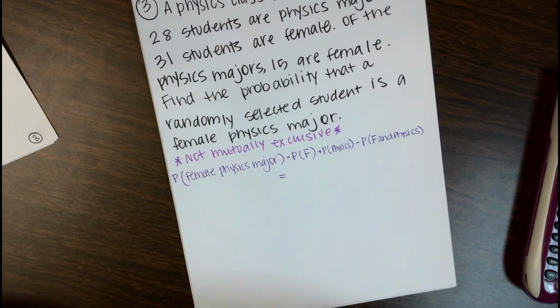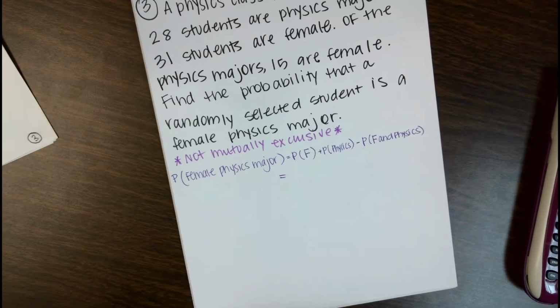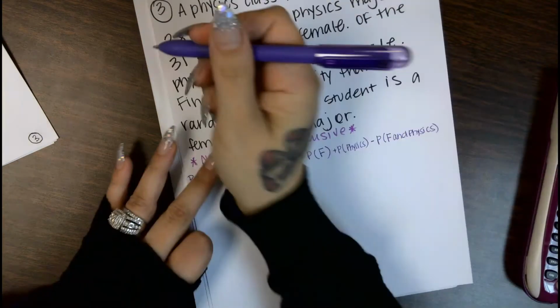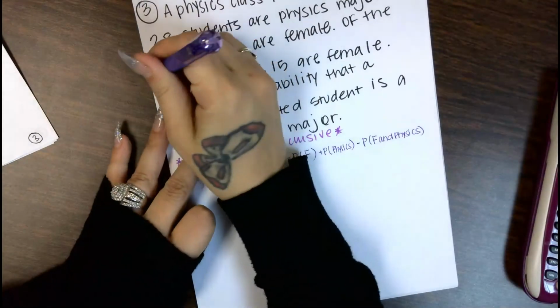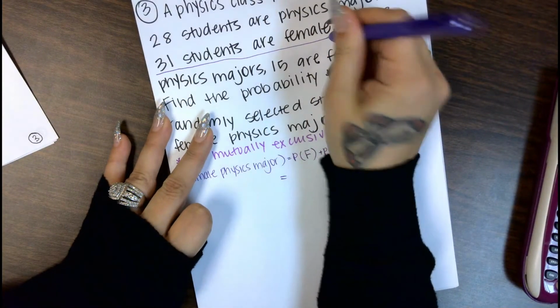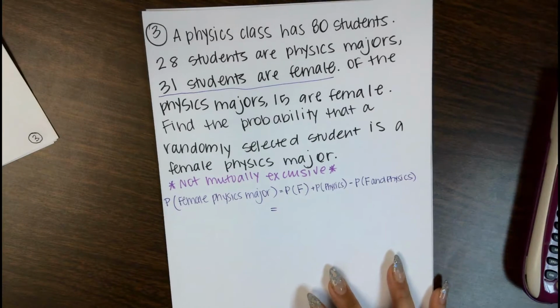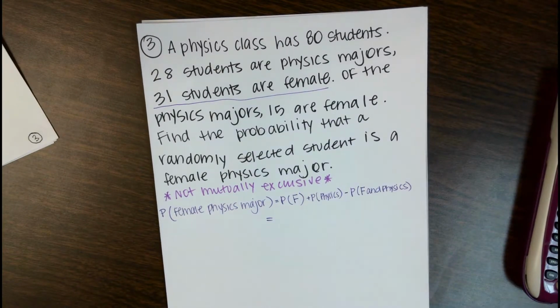If I look at the probability that the student is female, when I look, oh, sorry. You see where it says 31 students are female? So that's giving me the number of outcomes for this event. The event of the student being female, I look, how many females are there?